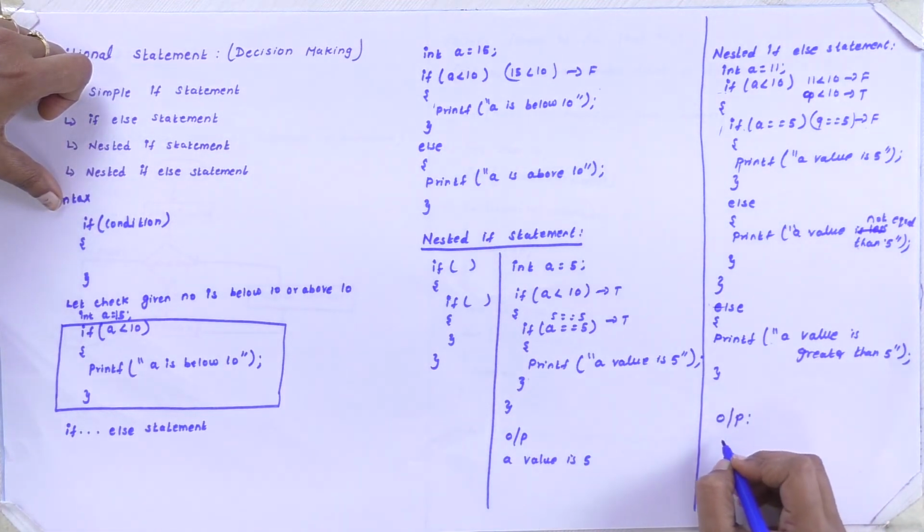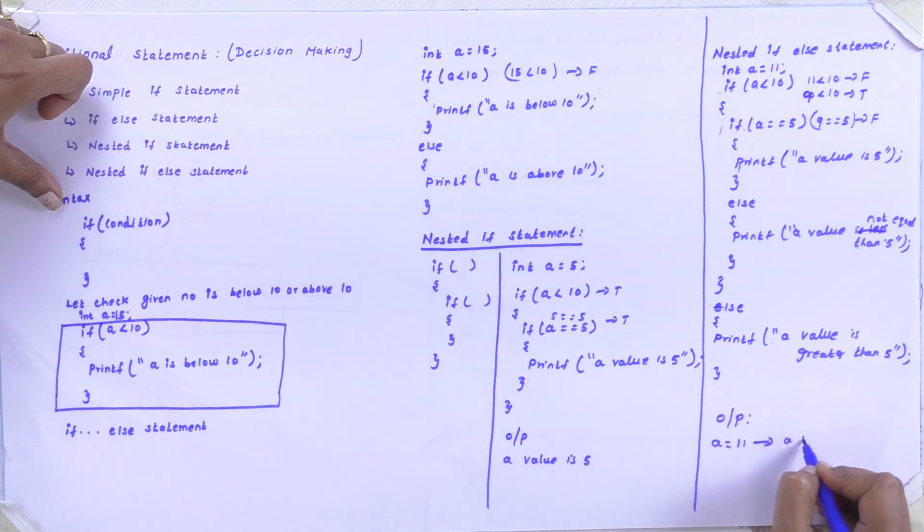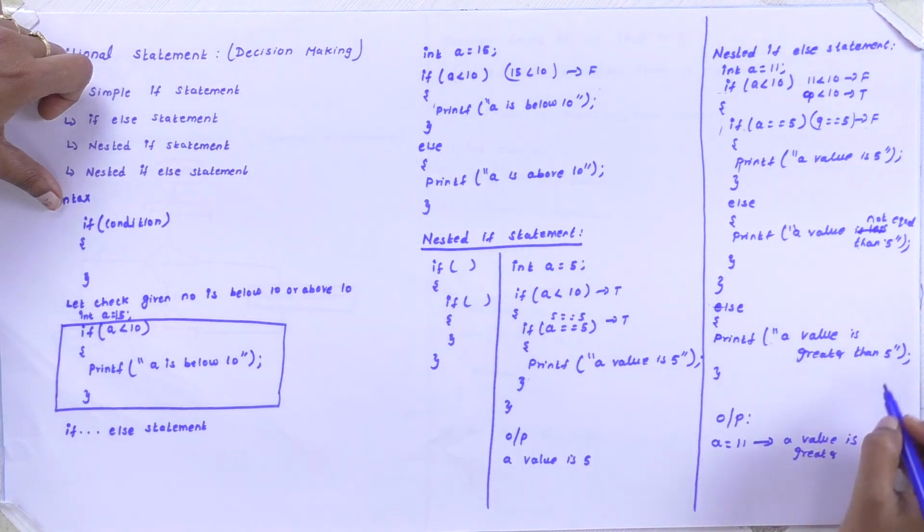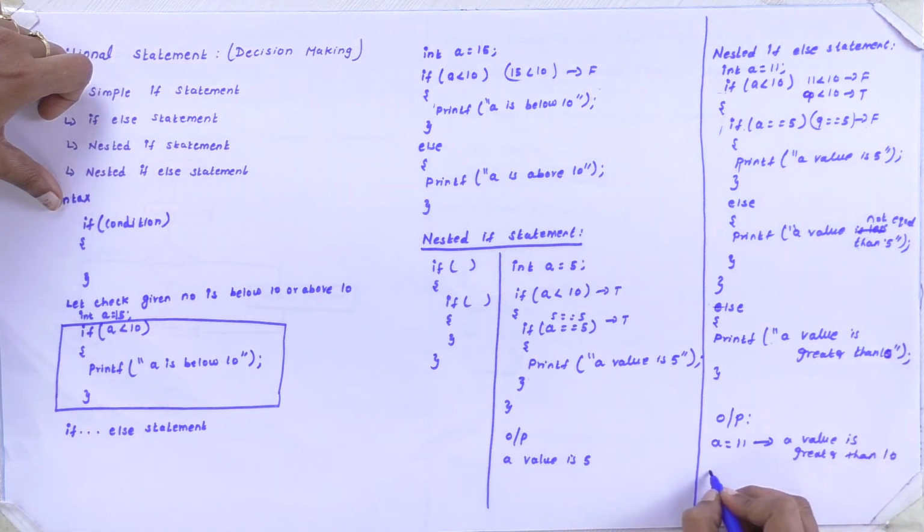So when a value is 11, our output will be a value is greater than 10. When a value is 9, our output will be a value is not equal to 5.